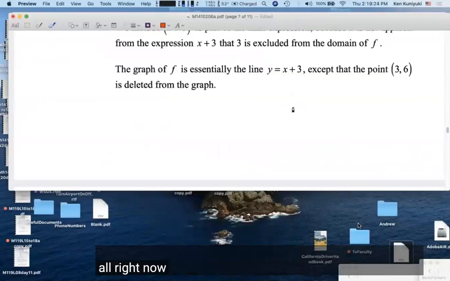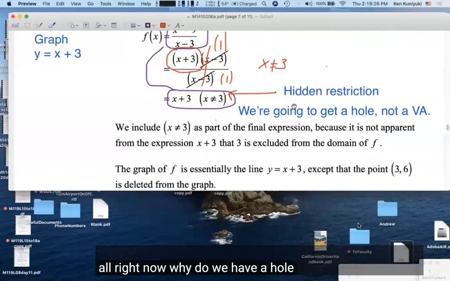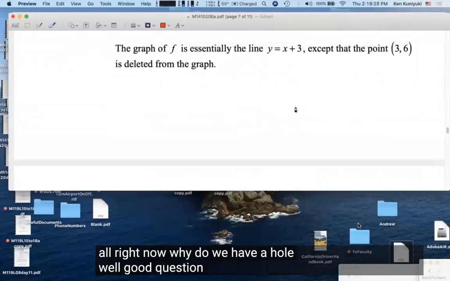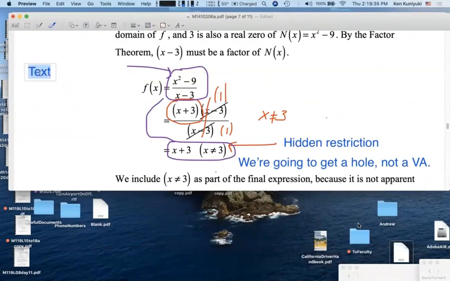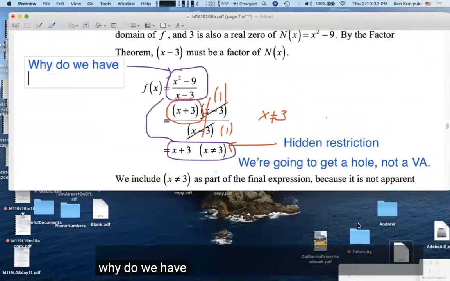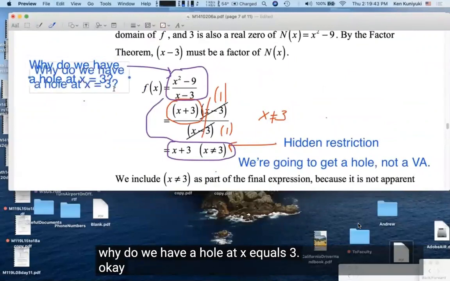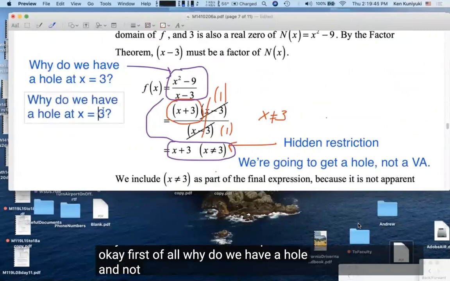All right, now why do we have a hole? Well, good question. Why do we have a hole at x equals 3? First of all, why do we have a hole and not a point?